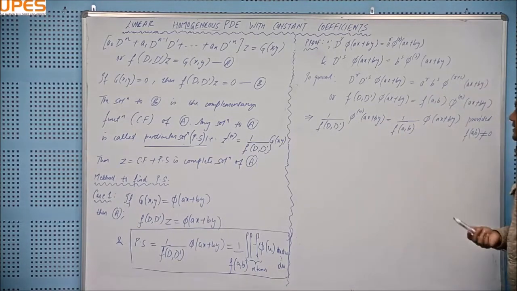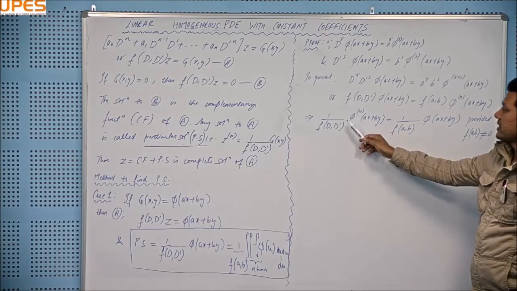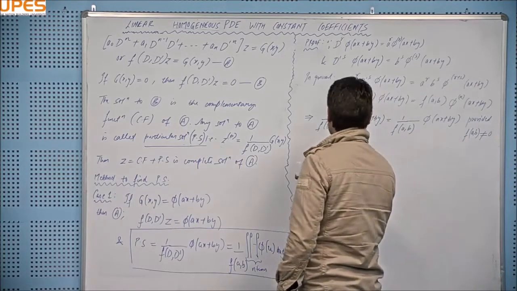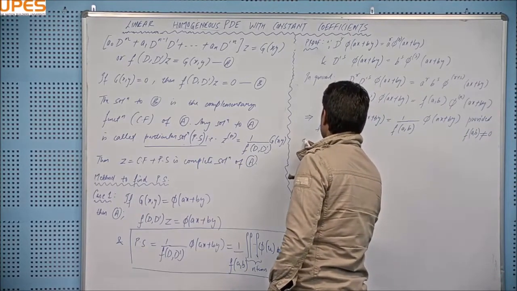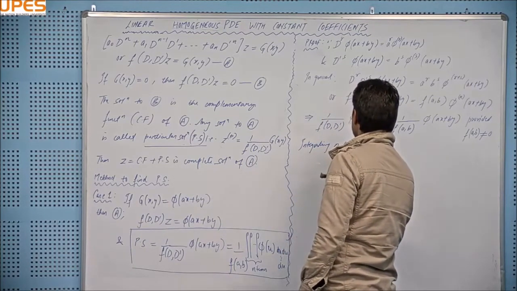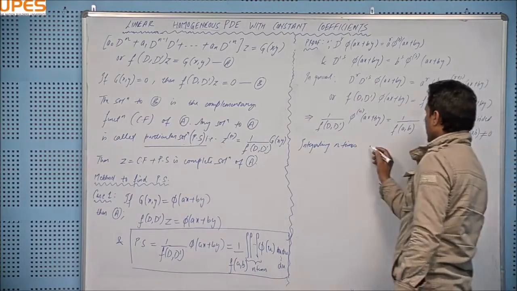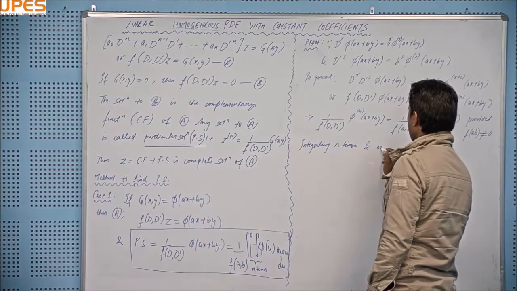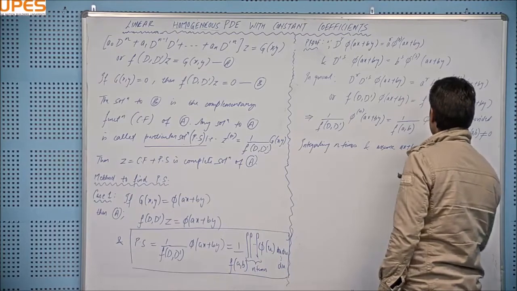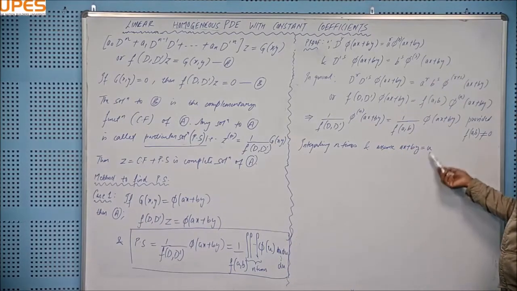This is just phi. If I take the integration to remove this nth derivative, I have to do integration over here also, integrating n times, right? And assuming ax + by equal to small u, I'm writing it as small u because integration will be done with respect to u.